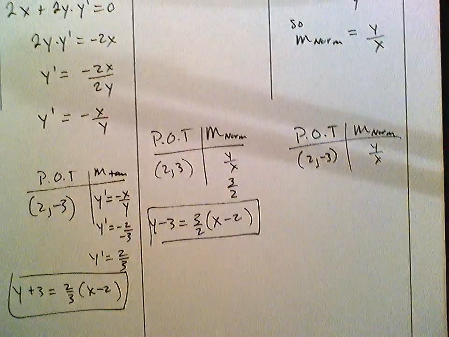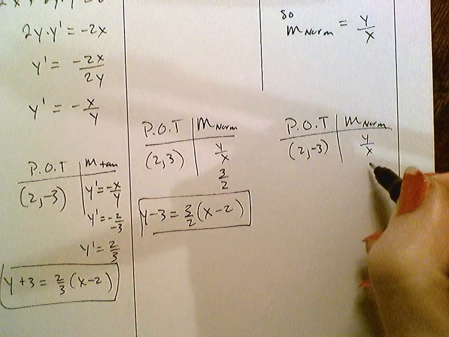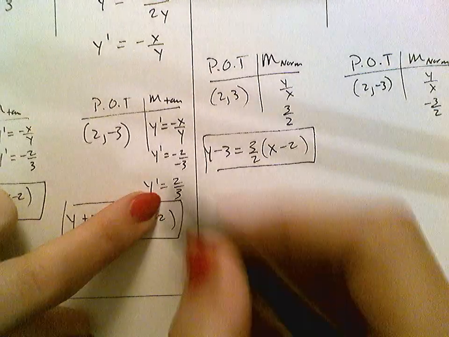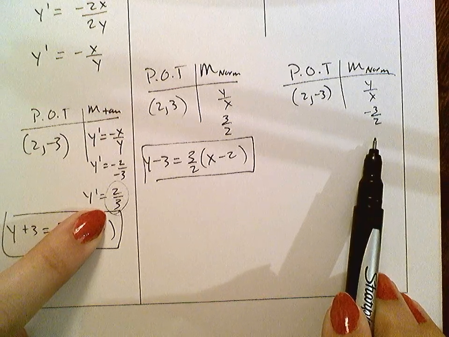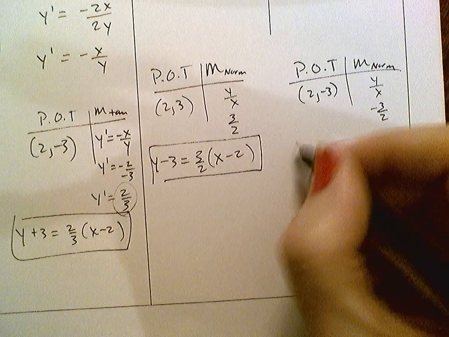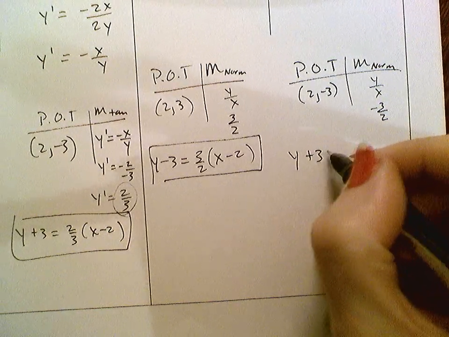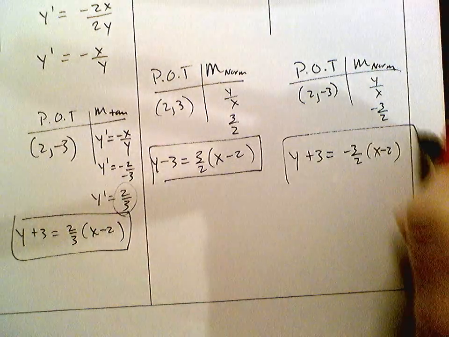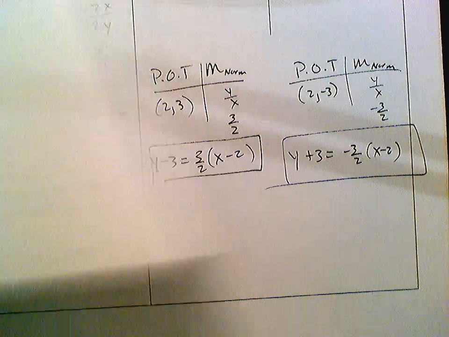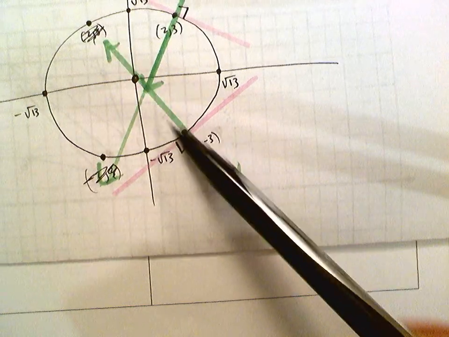Again, it's y over x. So negative 3 over 2, which happens to be the negative reciprocal of that tangent line slope. So y plus 3 equals negative 3 halves times (x minus 2). So that is the equation of that green line there.